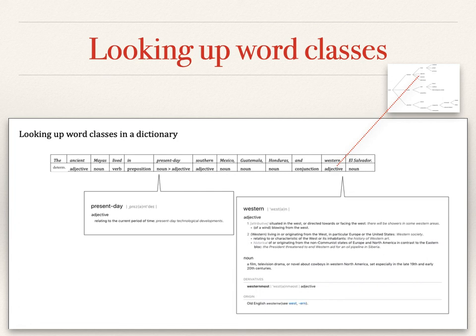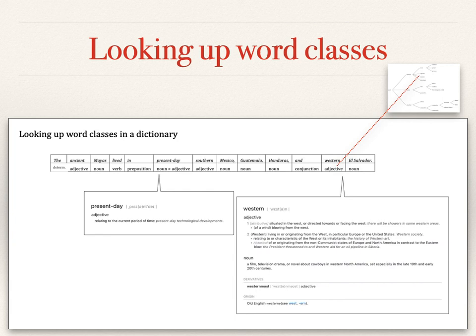So if you go through this whole example, the is a determiner, ancient adjective, Mayas noun, lived verb, in preposition, present day adjective, southern adjective, Mexico noun, Guatemala noun, Honduras noun, and conjunction, western adjective, El Salvador noun.